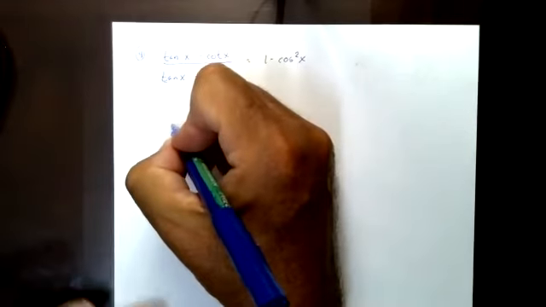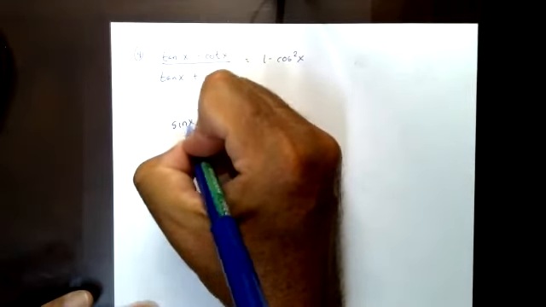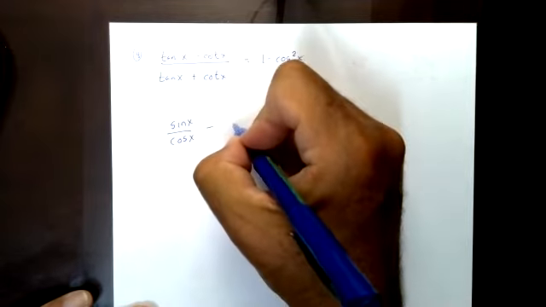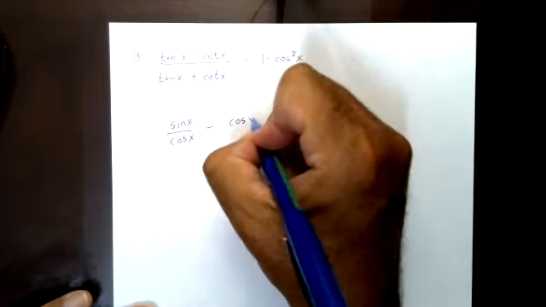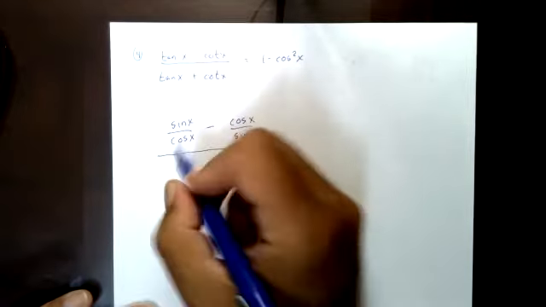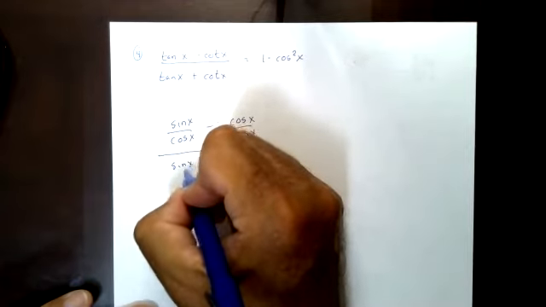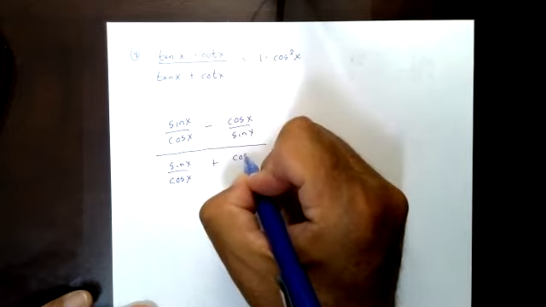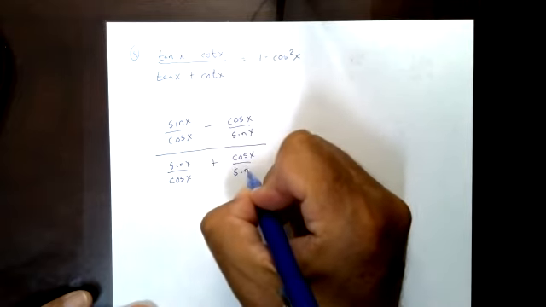So now I have this big mess. I'm going to have sine of x over cosine of x minus cosine of x over sine of x divided by sine of x over cosine of x plus cosine of x over sine of x.